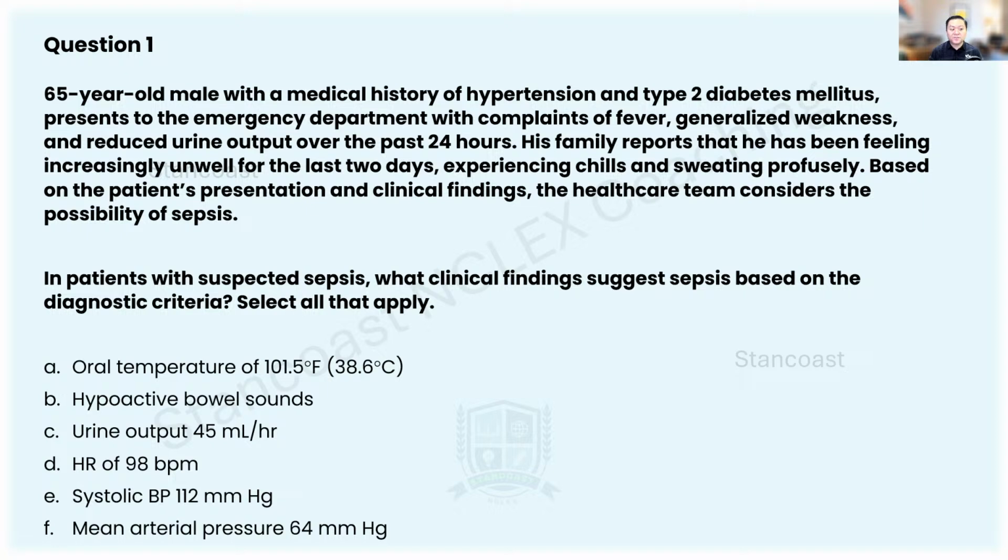So what are those items that you will pick here? Is it A, oral temperature of 101.5 degrees Fahrenheit or 38.6 degrees Celsius? Or B, hypoactive bowel sounds? C, urine output 45 mL per hour? D, heart rate of 98 beats per minute? E, systolic BP 112 mmHg? Or F, mean arterial pressure 64 mmHg?